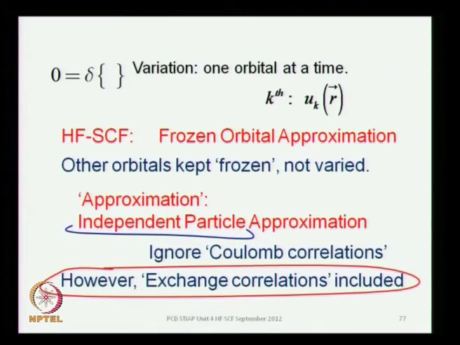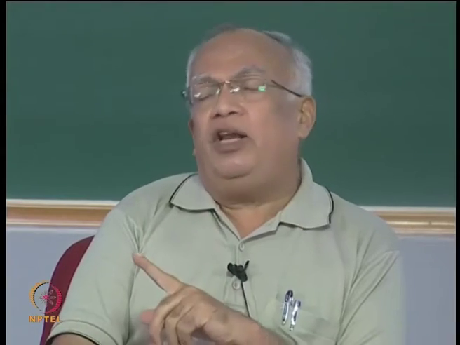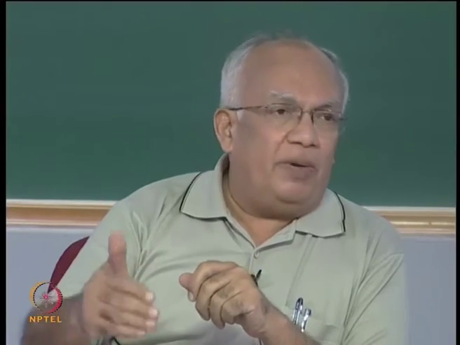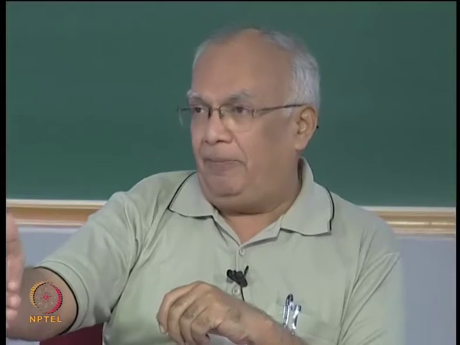In the original formalism, by the way, which was due to Hartree, even the exchange correlations were excluded, and then in the Hartree-Fock they have been properly taken into account. So, I did not take you through those two steps, Hartree's method followed by Hartree-Fock; instead I have done Hartree-Fock straight away.